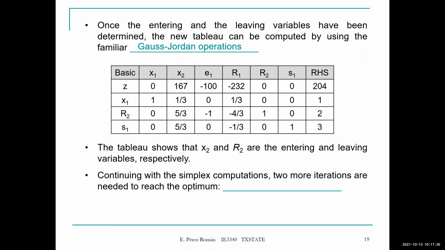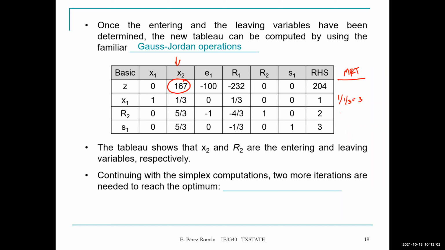The tableau shows that at this point, we are not done. We still have a positive coefficient in row 0, which is x2. So x2 is going to enter, and then we're going to perform the minimum ratio test one more time. So it's going to be 1 divided by 1/3, and this is 3.